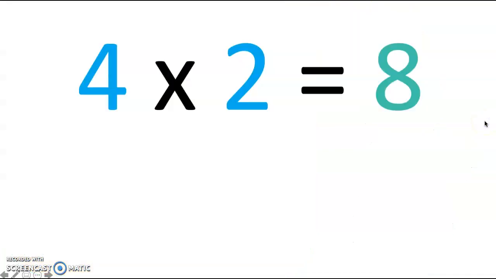Okay, so when you are multiplying, there are names for these different numbers. So we've got 4 times 2 equals 8. Now the 4 and the 2 are known as factors. Go ahead and say that word, factors. Okay, factors are the numbers that we are going to be multiplying.